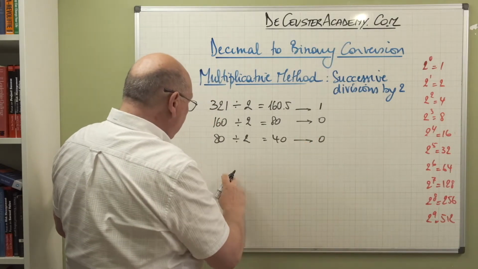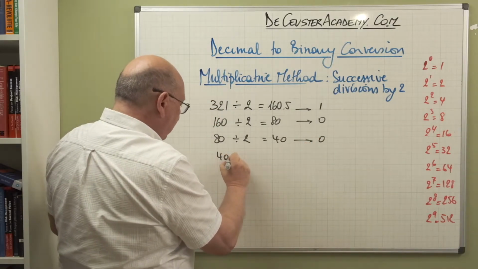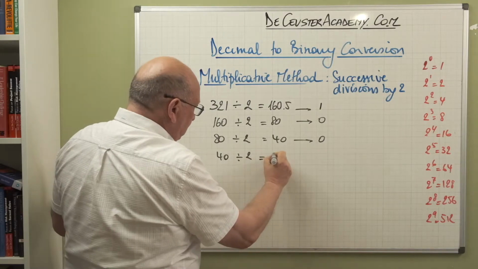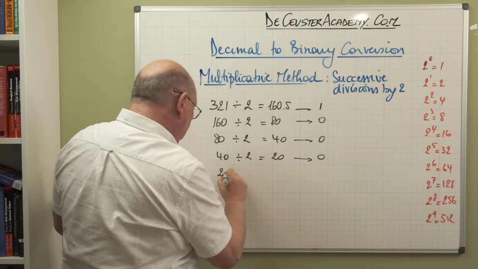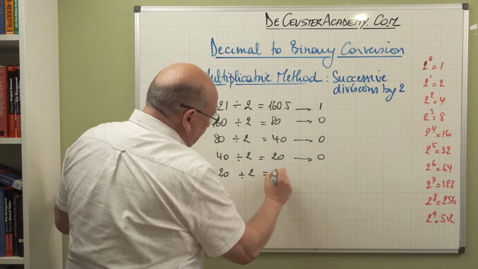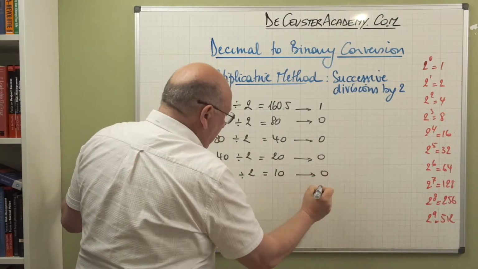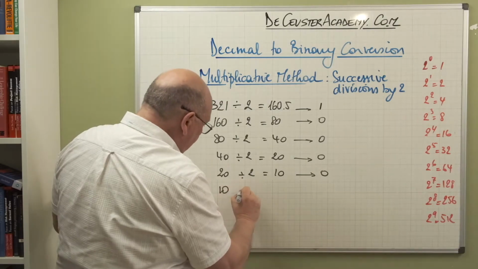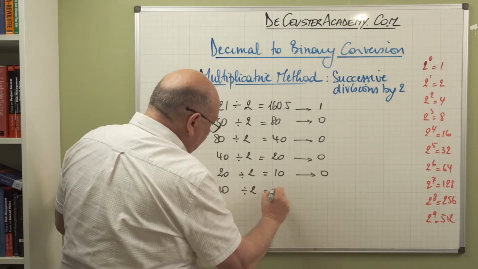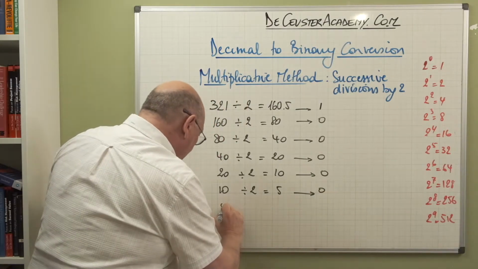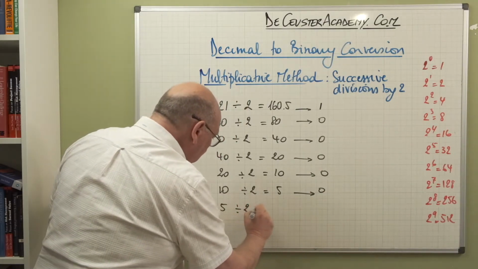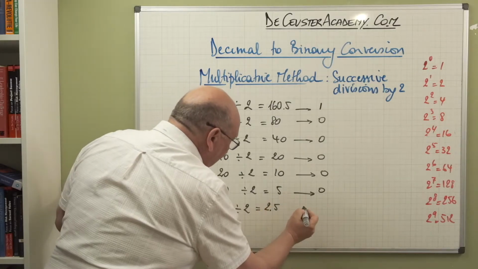Again, a remainder 0. 40 divided by 2 is 20. Remainder 0. 20 divided by 2 is 10. Remainder 0. 10 divided by 2 is 5. Again, a remainder 0. And now we have 5 divided by 2 is 2.5.